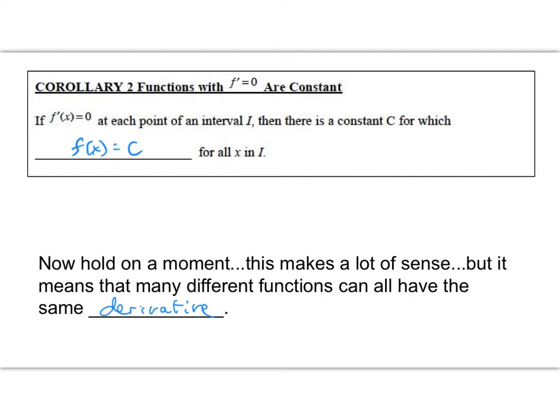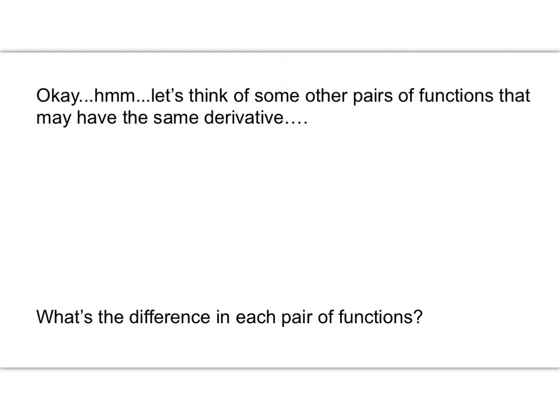Oh, well, I wonder if that's possible for other pairs of functions. And the answer to that question is sure there is. I mean, maybe f of x is equal to sine x plus 5, and g of x is equal to sine x minus 7. Maybe we have an f of x that is e to the x, and a g of x that is e to the x plus 3.